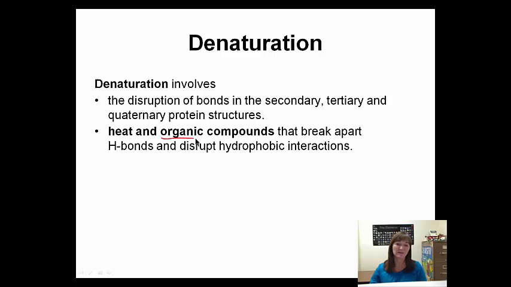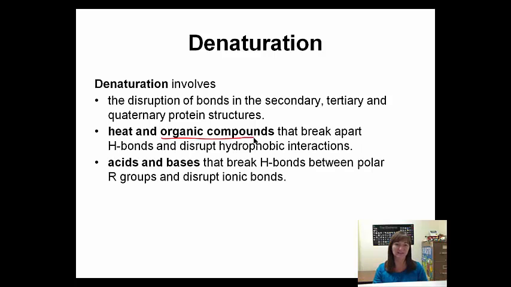So organic compounds tend to be nonpolar for the most part. So if you put a protein into an organic solvent that's nonpolar, well, originally all the hydrophobic R groups were in the center. But now if you put them in an environment that's more nonpolar, it's going to totally make the protein denature and fold into a different type of shape and not function the way it's supposed to.